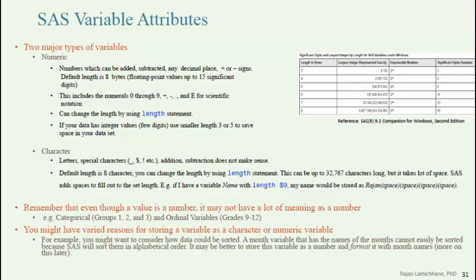Similarly, for months, if you write January, February up to December, then SAS usually sorts them in alphabetical order. So instead of January, maybe April will come first. But if you want to create the data with ordered months, then you can write the month as 1 up to 12. That way, SAS always orders the data by correct month.